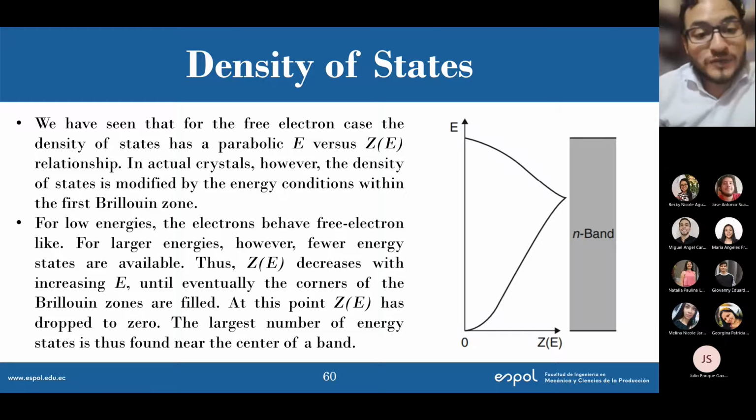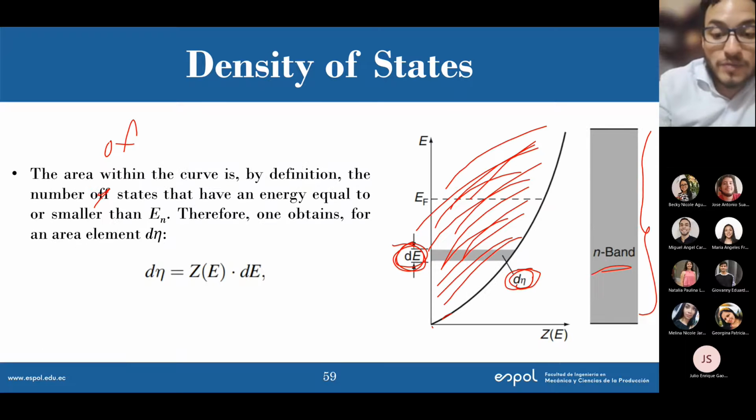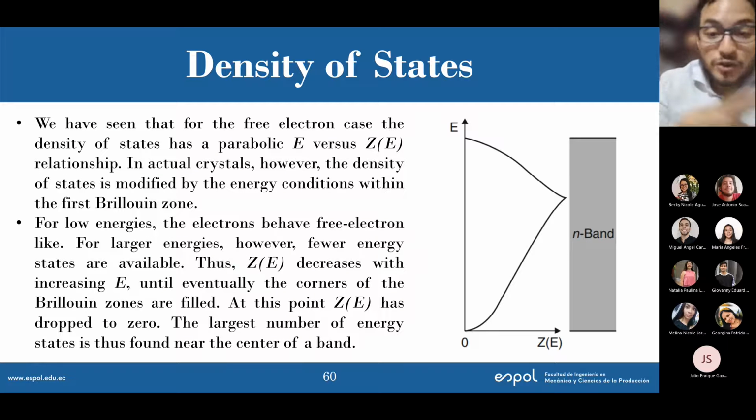Well, the density of states is now modified, and it's modified by the conditions that we have in the first Brillouin zone. That's why it's not a single parabola like before; it's sort of two parabolas, one concave up and one concave down, and they sort of meet at a point.